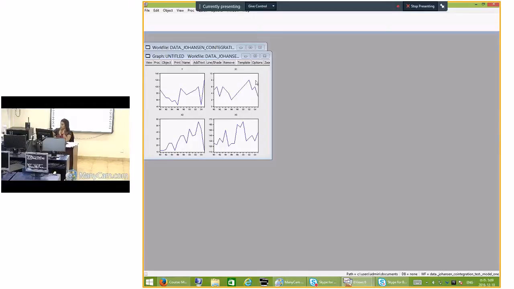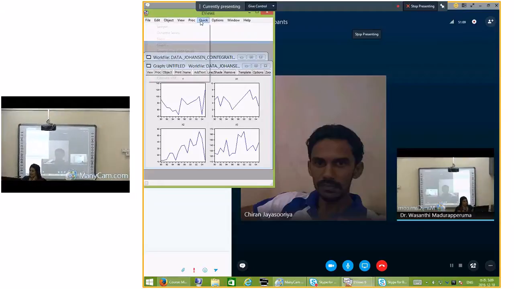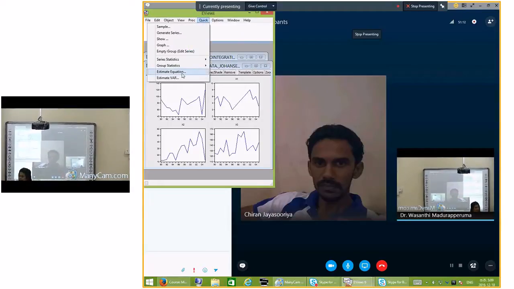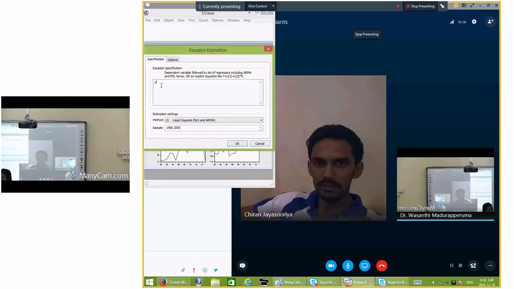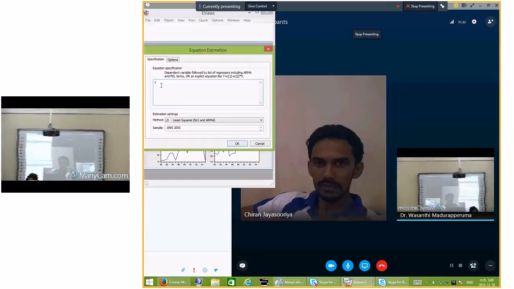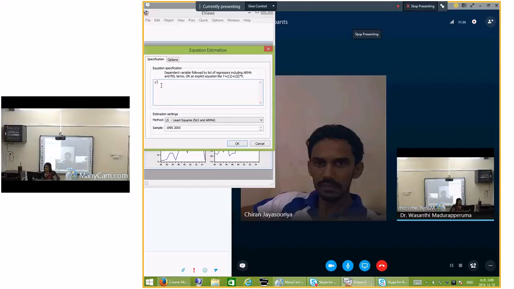Now go to Quick, Estimate Equation. You need to type the dependent variable first, then the independent variables respectively: y, x1, x2 and x3.